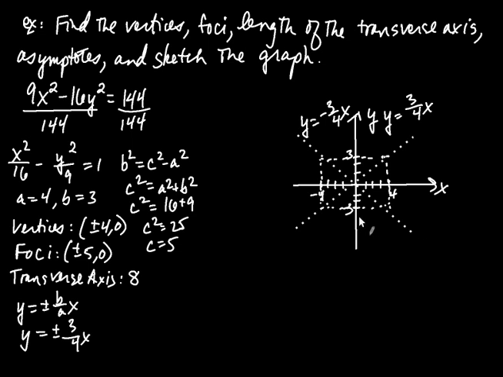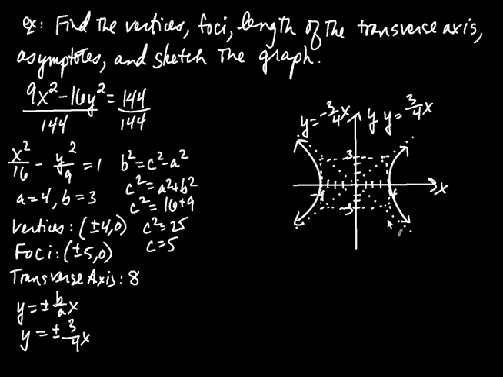So this will be one branch, and the second branch will be over here. So here's the graph of our hyperbola. Here's the right branch, and it goes through the one vertex here, and it approaches the asymptotes. Here's our other branch, and once again it goes through the vertex approaching the asymptotes. And you can see that the asymptotes both go through the origin.